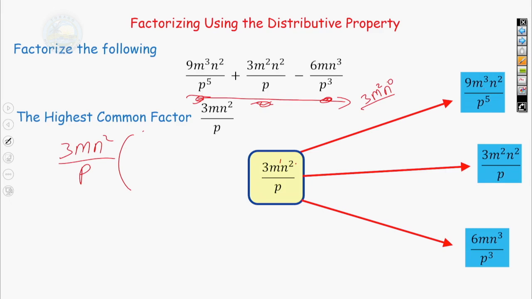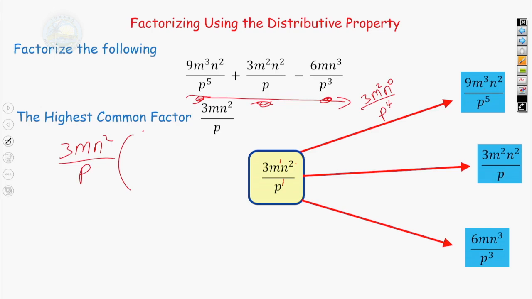I have p here, now down to the denominator. What is the power on the p again? It's p to the 1. And I have p to the 5th here. So, what need I add to this power 1 to give me this power 5? 1 plus 4 is 5. So here, this is 3m squared n to the power 0.